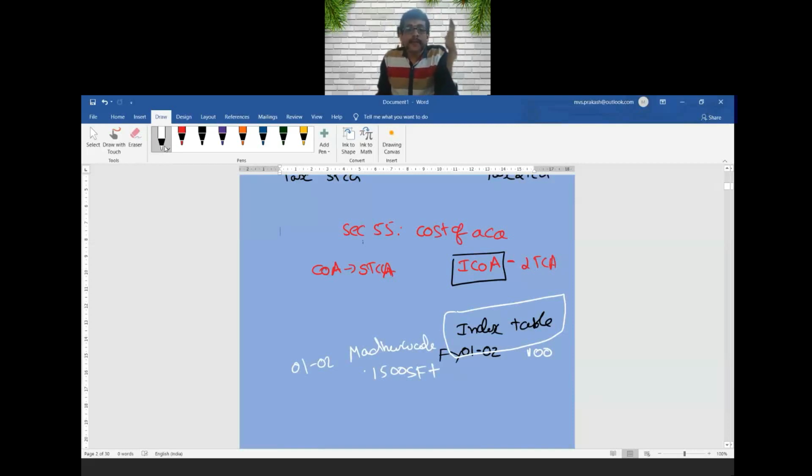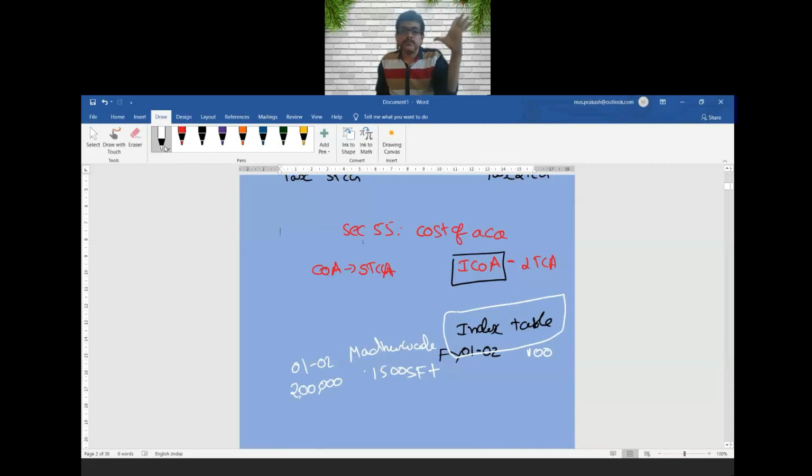I had purchased the entire thing for 2 lakhs. Before the cricket stadium was there, before Vizag was declared as an executive capital, 1500 SFT was purchased at 2 lakhs.